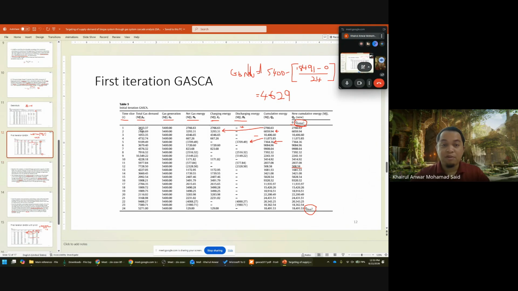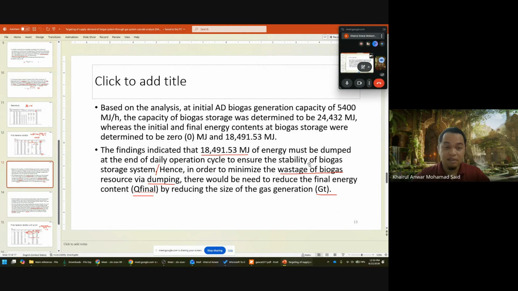But before we go through the second iteration, from the initial iteration with the biogas capacity 5,400 megajoule per hour, the capacity of biogas storage was determined to be 24,432 megajoule, whereas the initial and final energy content at biogas storage were determined to be 0 and 18,191 megajoule.